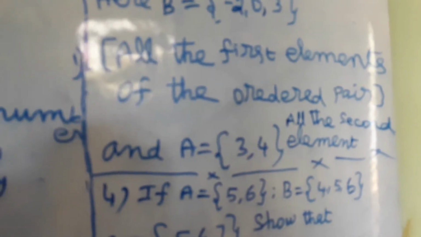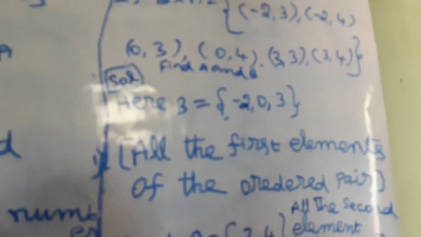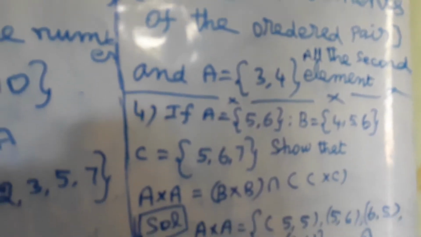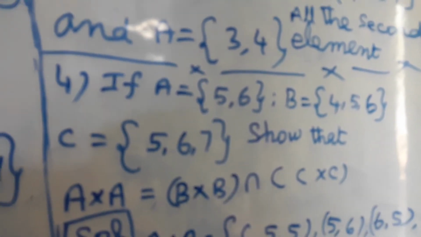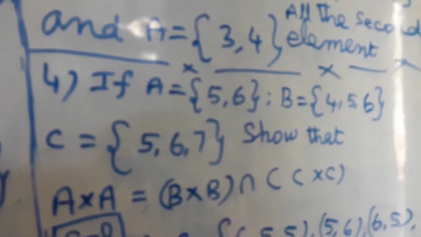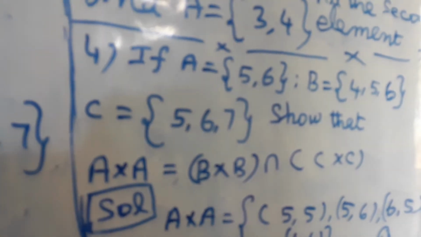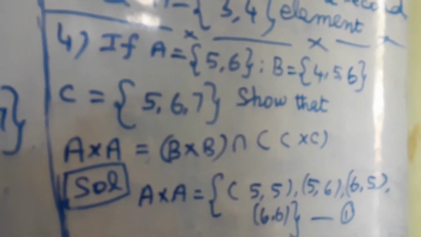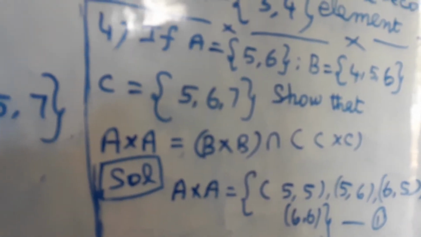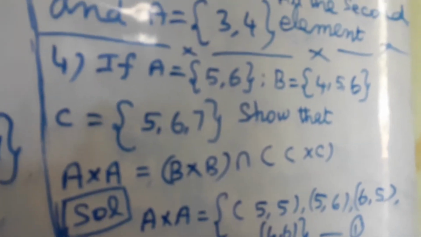This is the completion of the third question. Now we shall move to the fourth question. If A equal to {5, 6}, B equal to {4, 5, 6} and C equal to {5, 6, 7}, show that A cross A equal to (B cross B) intersection (C cross C).